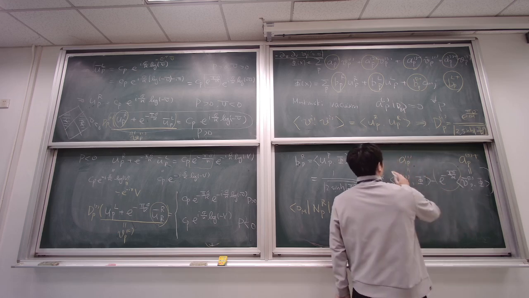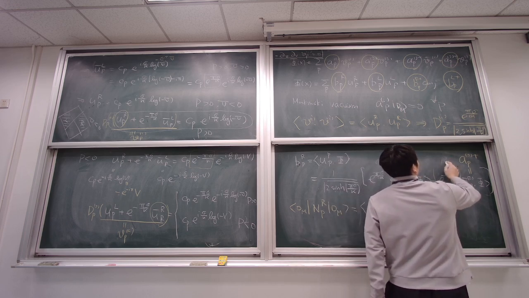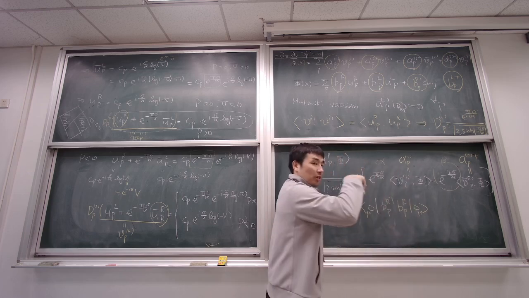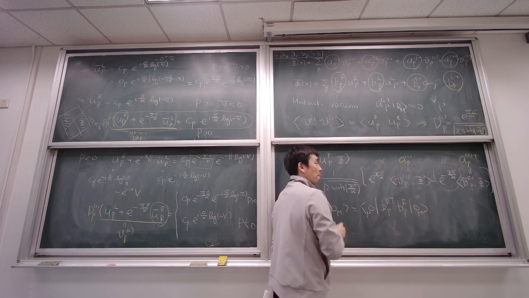So this used to be called alpha, this is called beta, and what you get is essentially beta squared, up to this normalization. Okay.